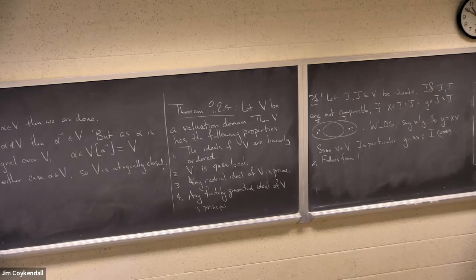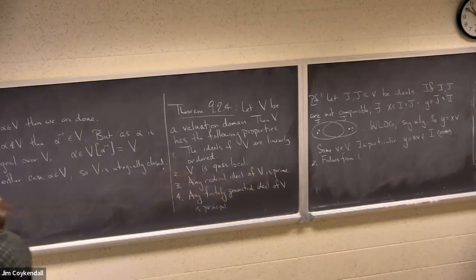We showed that if you intersect any family of primes, it's a radical ideal. And the converse is also true. If you had any ideal that's a radical ideal, it's an intersection of other primes.